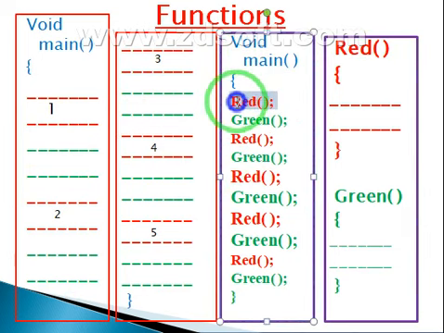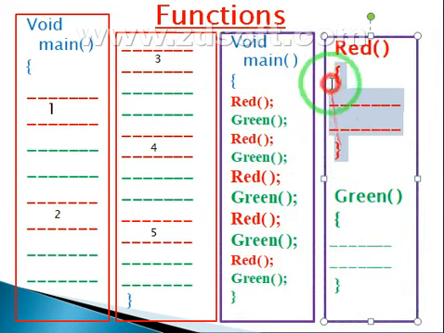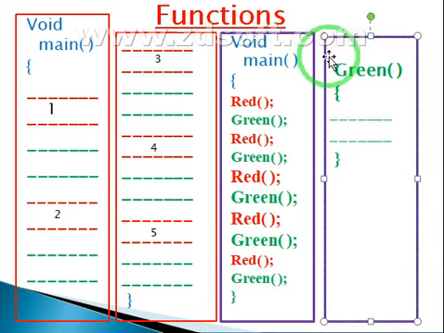So function call is done by us, but regarding the function definition, no need to write it because it is already available in the system. That is called the system or library function.